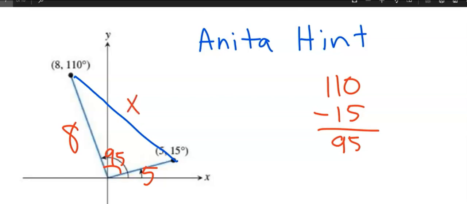We can't do SOHCAHTOA because it's not a 90-degree right triangle here. Law of cosines? We always try to use the law of sines first, but I don't see a known angle and a known opposite side, so I think you're right. I think we do have to use the law of cosines. Nice job. All right. Okay, do it.